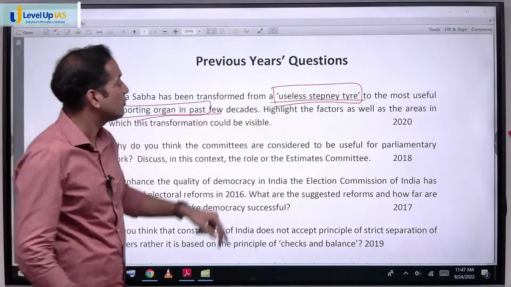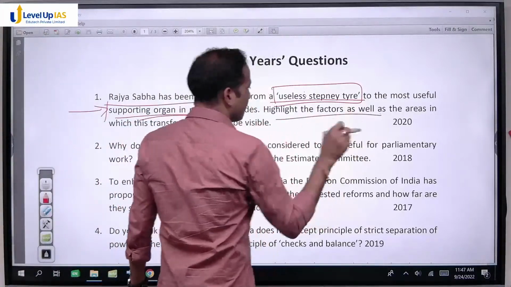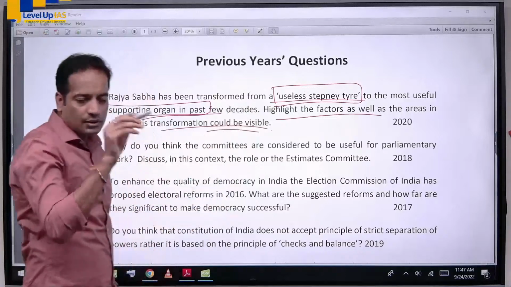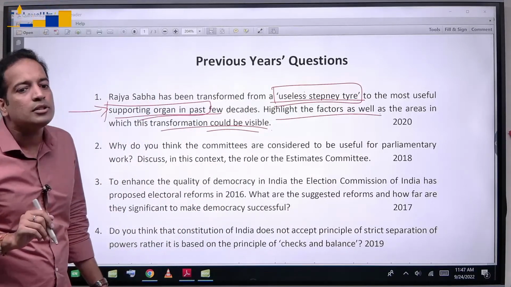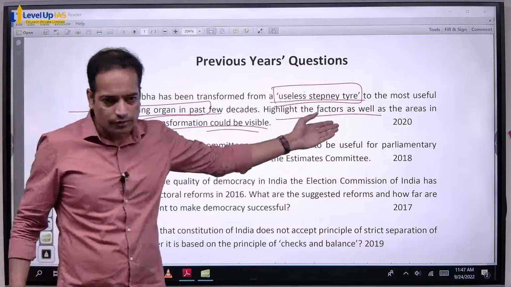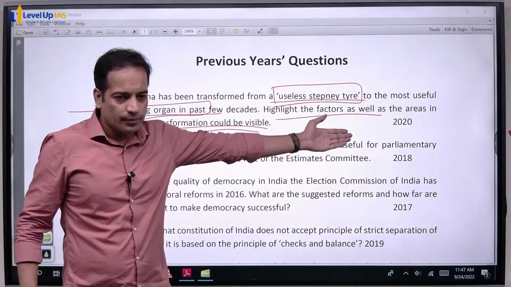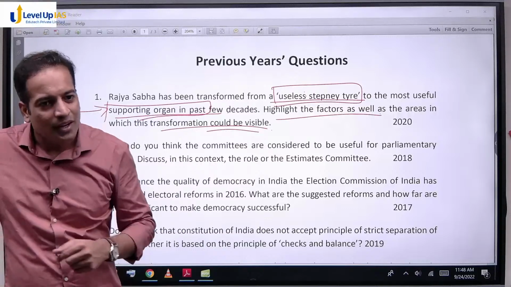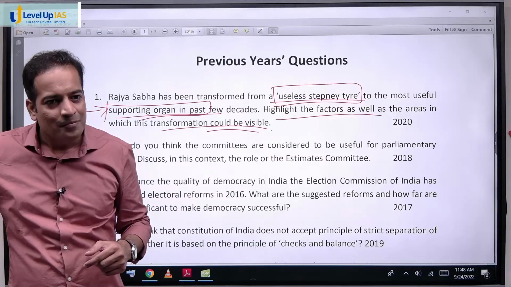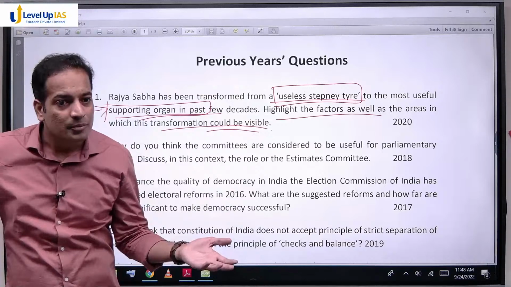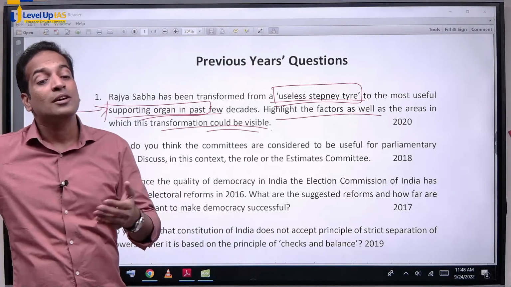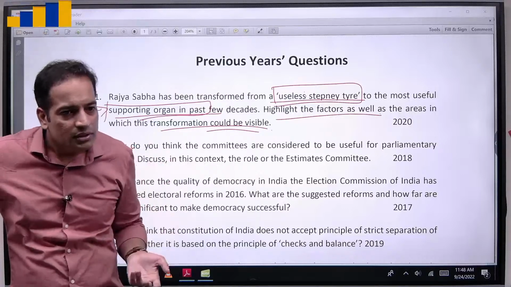and after that you will go for what are the factors involved and areas of visible transformation. The question is from 2020. So again, why? Because in the lower house the ruling party has got an absolute majority, so the opposition needs to cooperate and coordinate with each other.